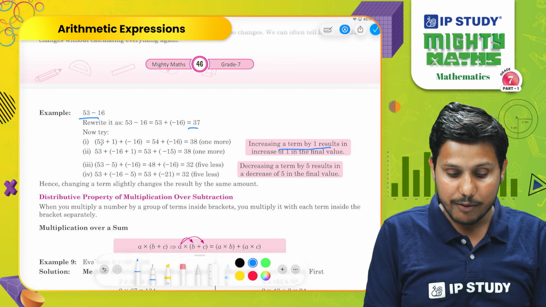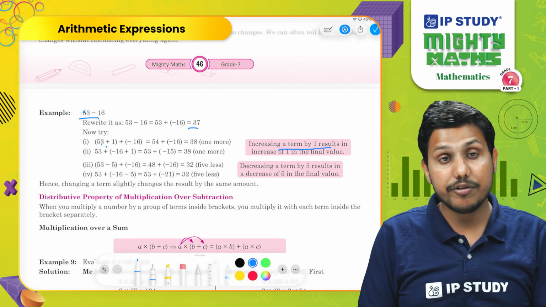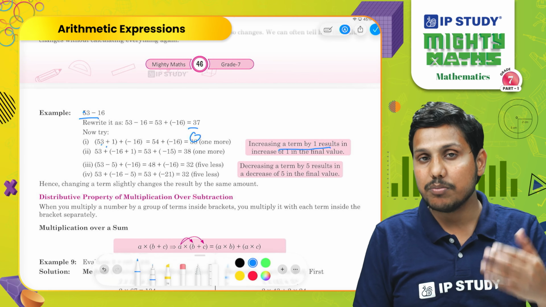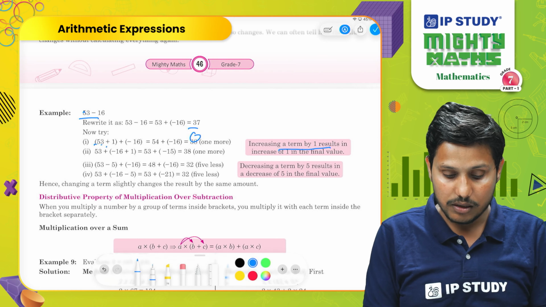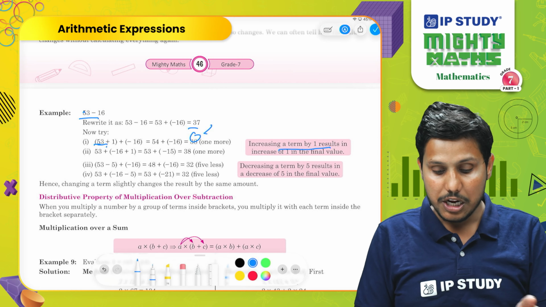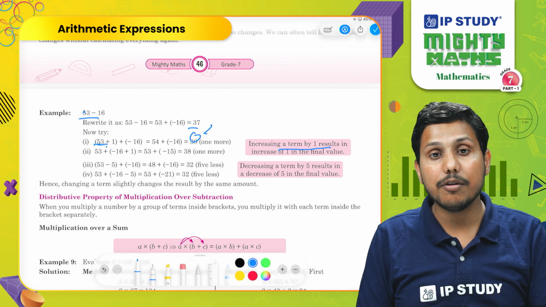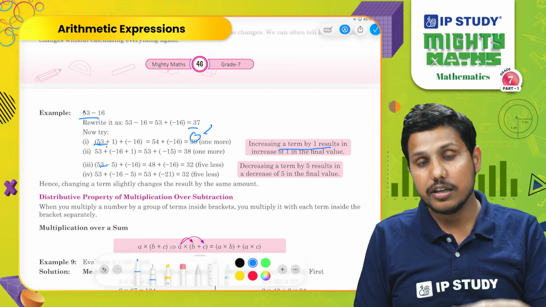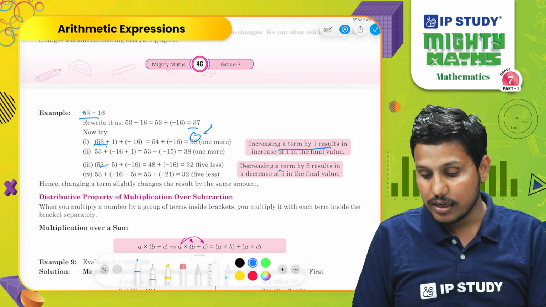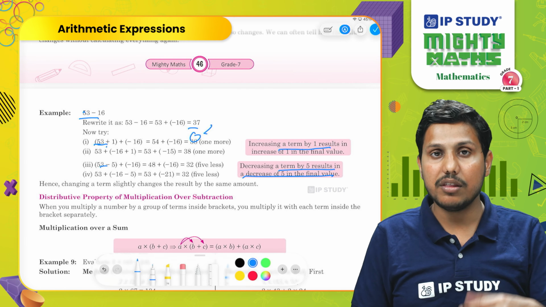Now if we add 1 to 53 and then subtract 16 from it, we'll have 38. So as 53 has increased by 1, the answer is also increased by 1. If we subtract something from our number, then the result will also be decreased by the same amount. So a decrease in a term by 5 results in a decrease of 5 in the final value.